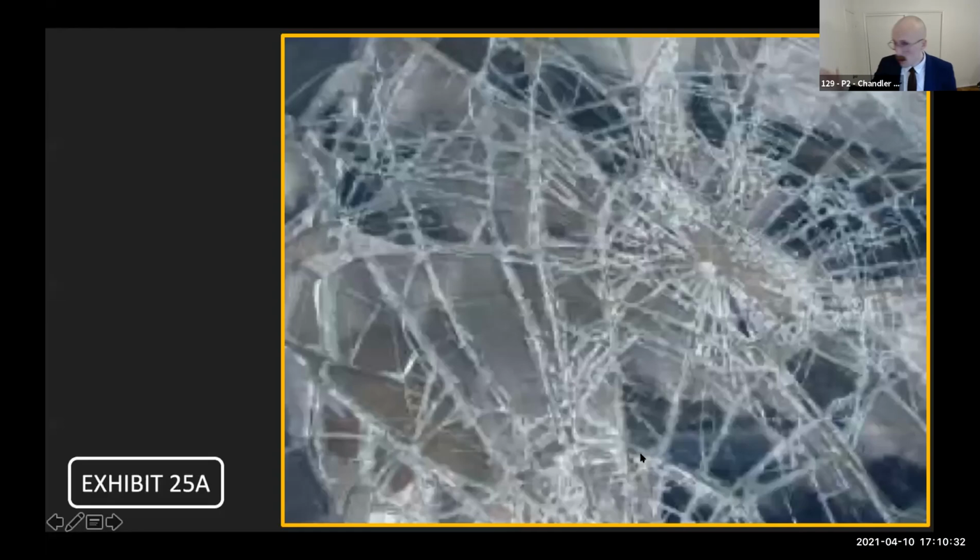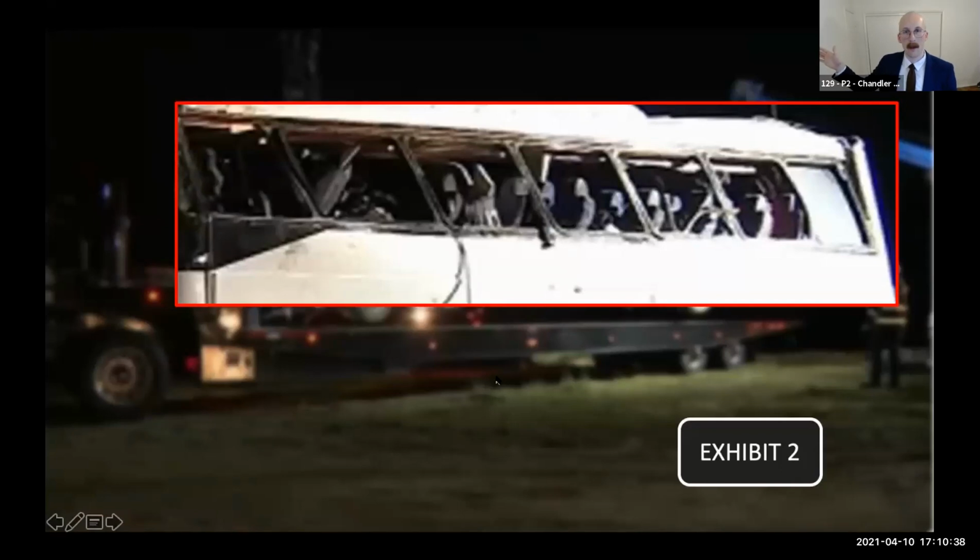Fact number 3, that design defect caused Miss White's injuries. Now, if the defendant had designed safe windows, they would have looked like this. Instead, they looked like this. The glass from those windows is completely gone. And we know where it went.